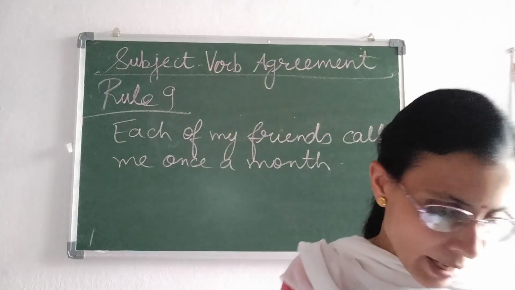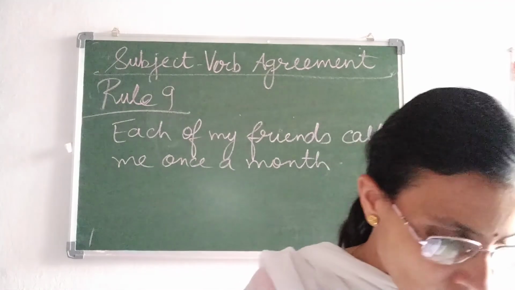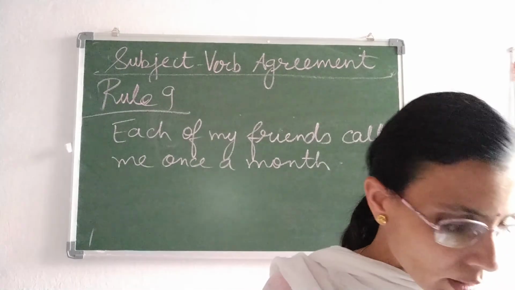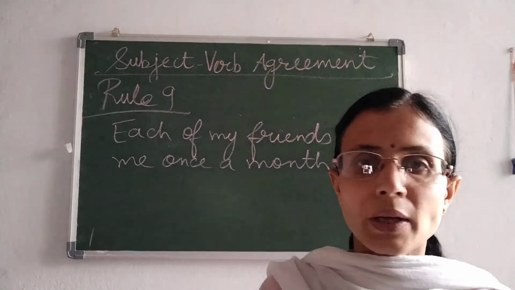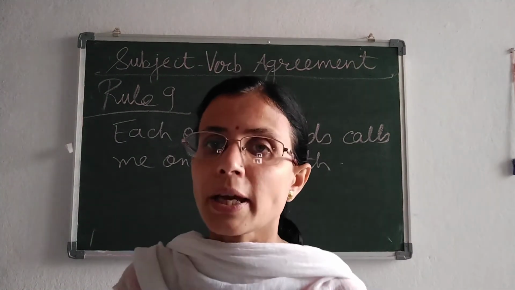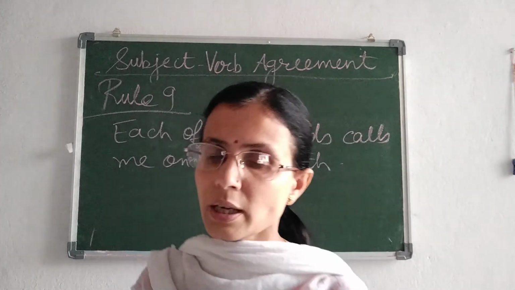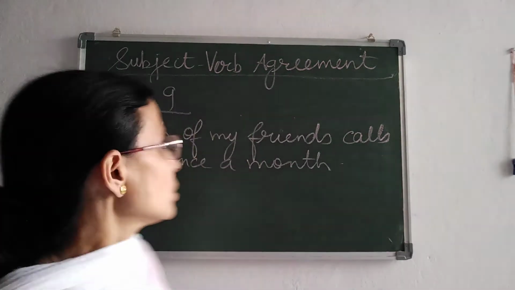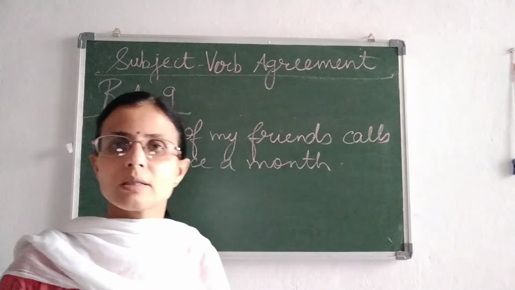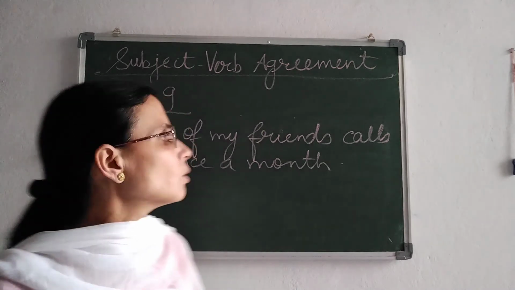So either you use each, nobody, anyone, anybody, no one, one, everyone, everybody, either, neither, etc. All these words refer to or express or show singular subject. Okay, individually we are talking. So here, since the subject is singular, so the verb will also be in singular form.